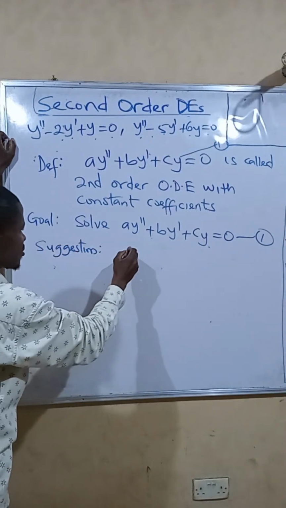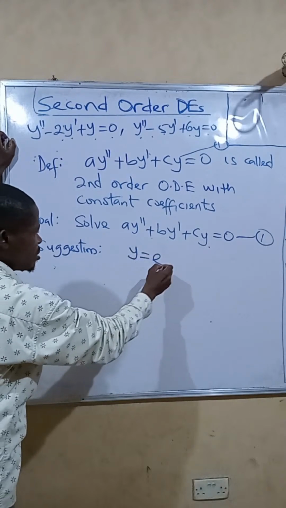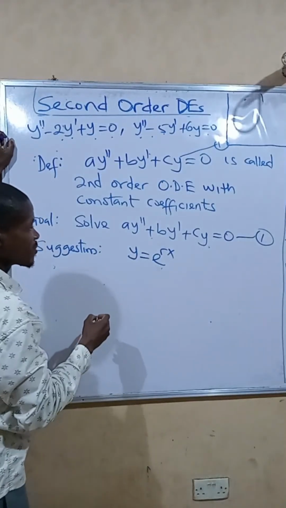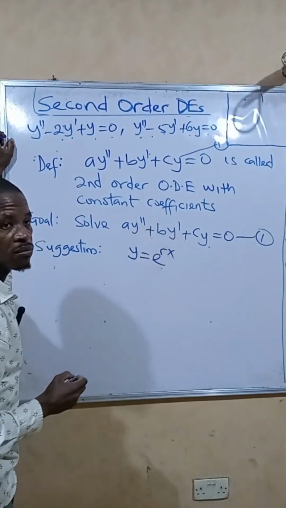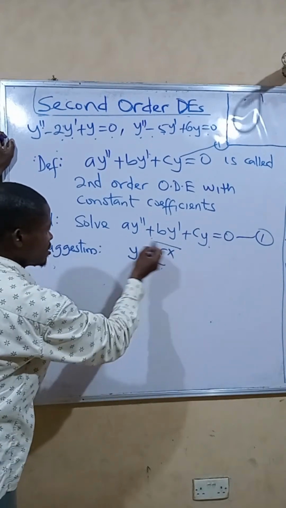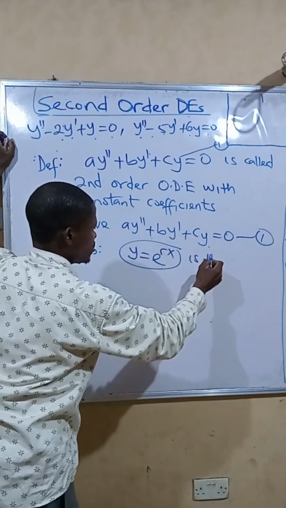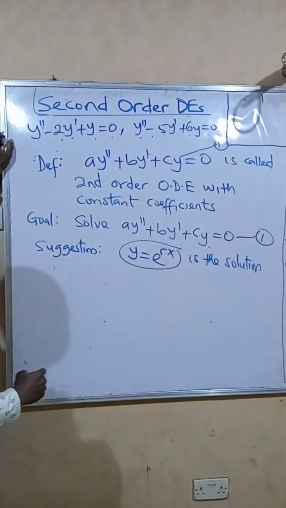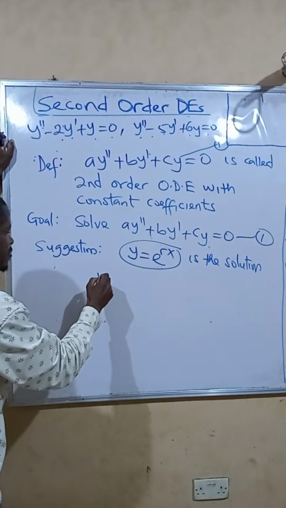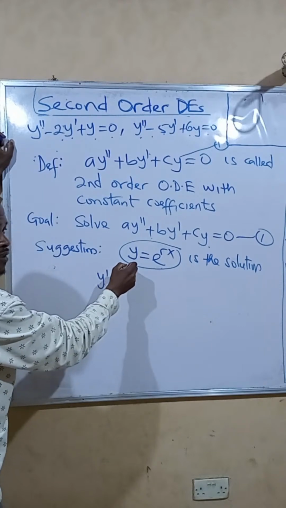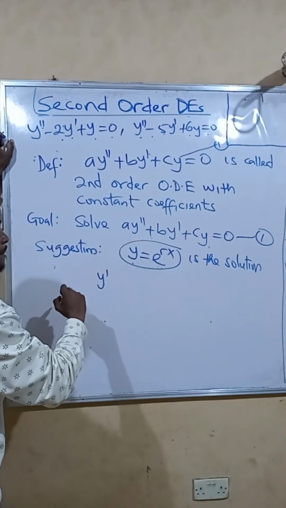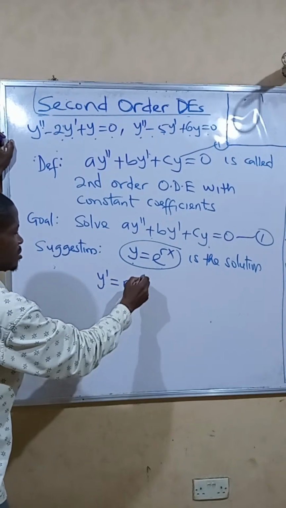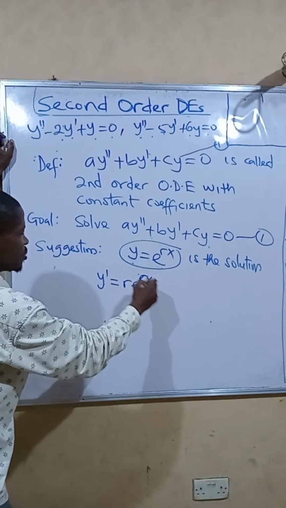Let's make a suggestion: let y equal e to the power rx be a solution of equation 1. Then we're going to get the first differential of this solution, which will be equal to this one, r e to the power rx.